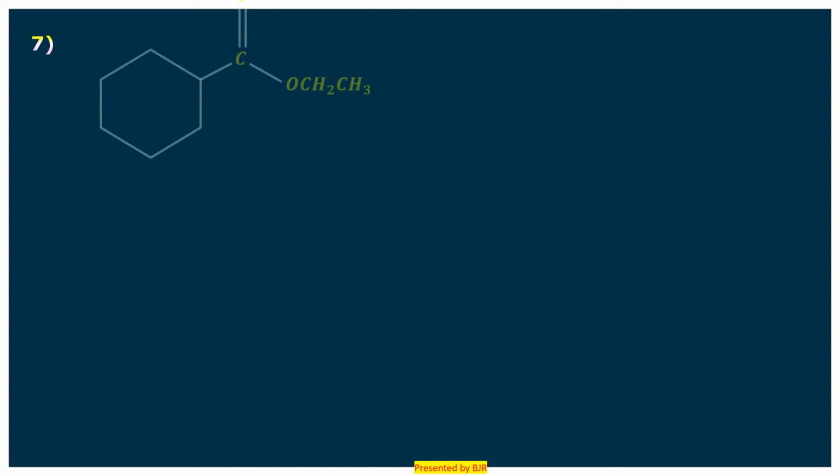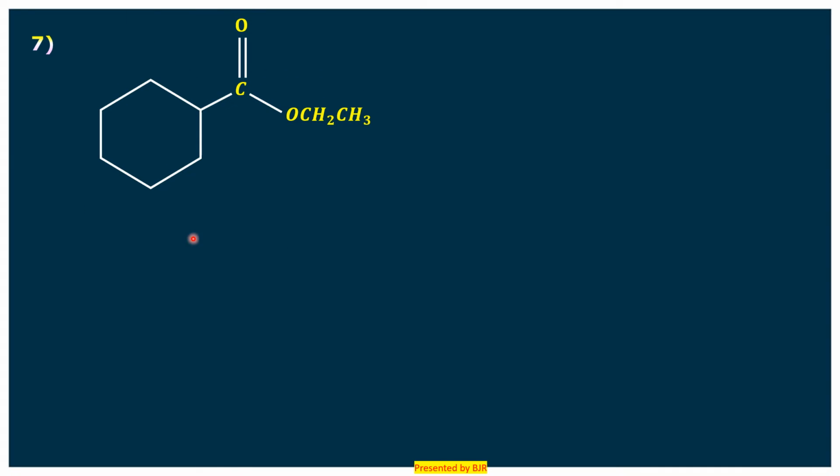Next, problem number 7. This is an organic compound containing one side chain and a ring. Okay, and the side chain contains a functional group. What is the name of this functional group? Can you imagine? It is COOR, the ester functional group. Here R means alkyl group. In this case, it is ethyl.